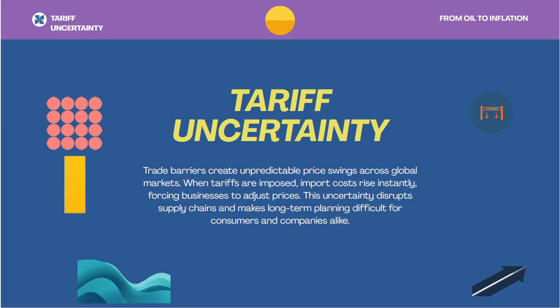Trade barriers create unpredictable price swings across global markets. When tariffs are imposed, import costs rise instantly, forcing businesses to adjust prices, and this uncertainty disrupts supply chains and makes long-term planning difficult for consumers and companies.